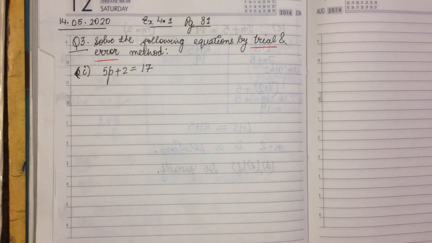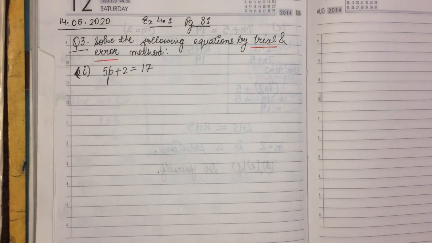I keep doing that till there is no more error. If there is no error, that means the answer that I chose was correct. That's why this method is known as trial and error: try till there is no error.